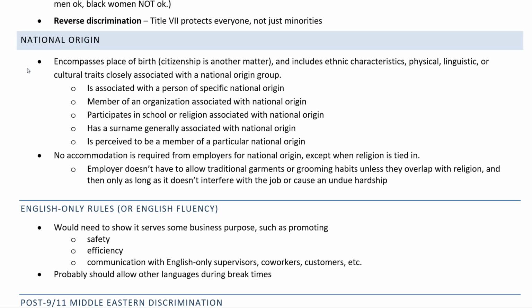And now we have a different consideration entirely, because employers do have some duty to try to accommodate people's religions. Even if we find that overlap with religion, we only have to accommodate up to the point that it doesn't interfere with the actual performance of the job or cause some type of undue hardship on the employer.